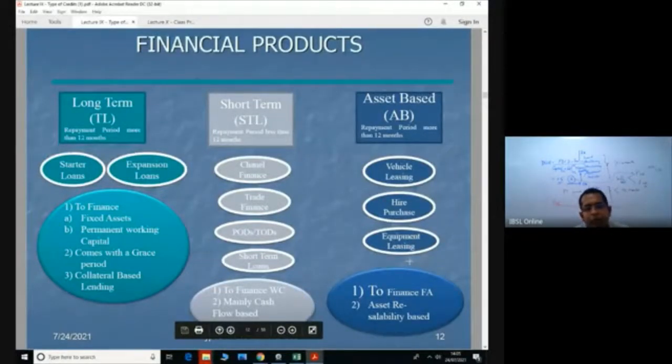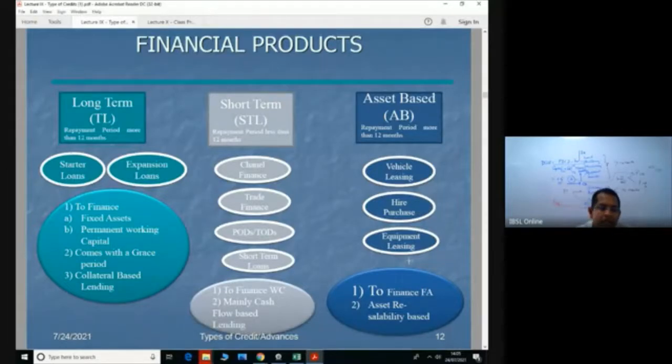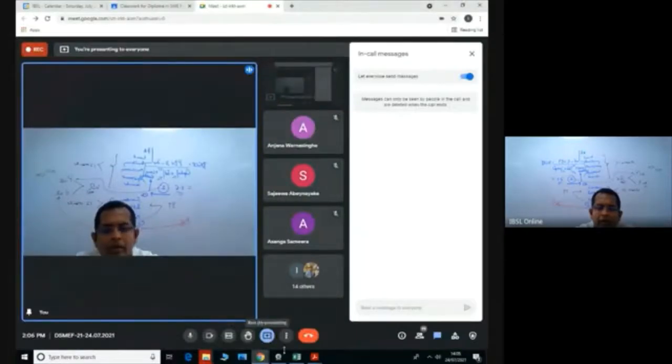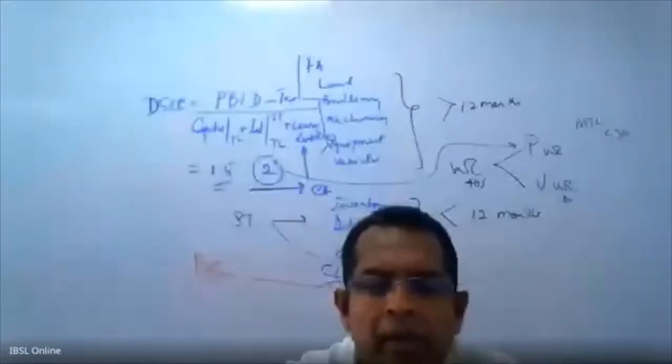So for long-term loans, normally we take collateral for security when we are lending long term. Again, did I discuss collateral types with you?